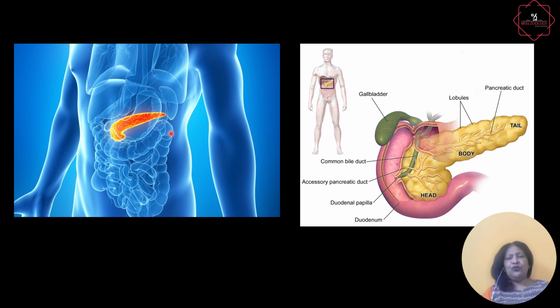part of the abdomen. Coming to its exact location, it lies along the duodenum, just behind the stomach and in front of the spine. This gland is also surrounded by the gallbladder, liver, as well as the spleen on the other side.